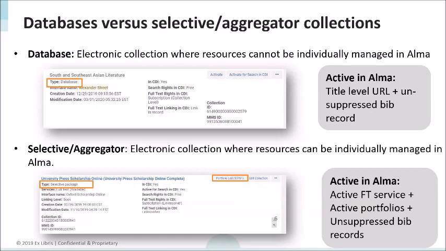And a selective or aggregator electronic collection is active in case it has an active full text service, and it has at least one active portfolio, as well as having unsuppressed BIB records. So this is how your full text activation in Alma works for all the collections that are available in CDI.